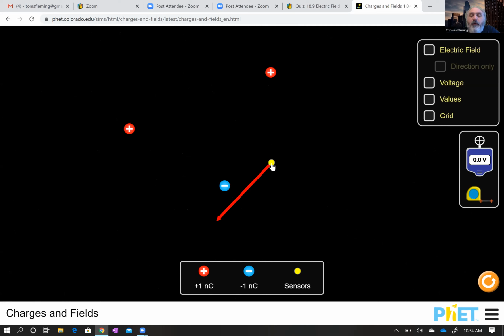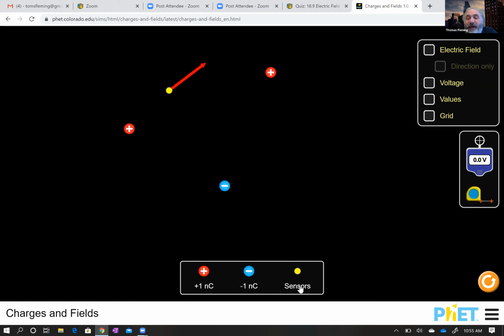Now, my electric field doesn't necessarily point to or away from any one charge. It can point all kinds of different directions depending on where I look. Because what I'm doing is I'm adding up the E from this, the E from this, and the E from this, and getting the final answer. This is the total of all the E's in that location.